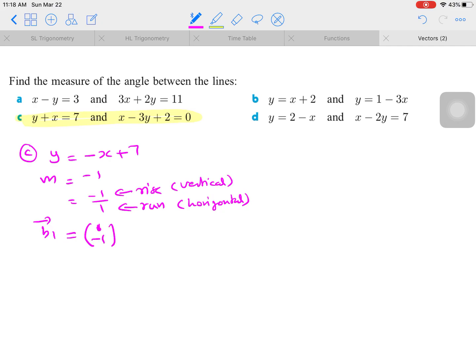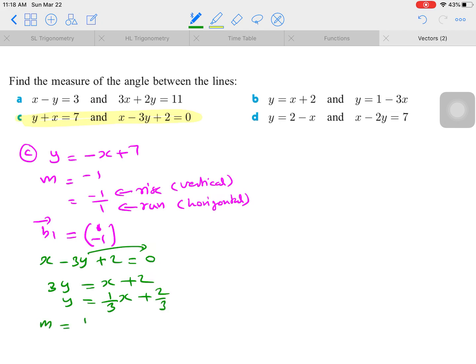So that's the b1 vector. The second line is x minus 3y plus 2 is equal to 0. I move 3y to the other side. So 3y is equal to x plus 2, y is equal to 1 by 3 x plus 2 by 3.